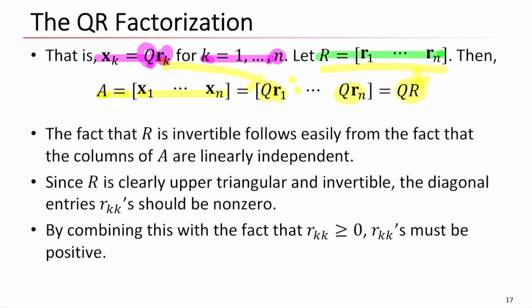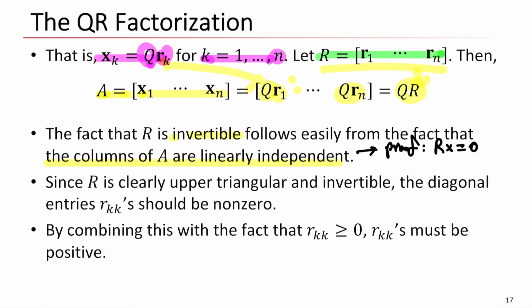The fact that R is invertible follows easily from the fact that the columns of the matrix A are linearly independent. To prove this we need some knowledge, but I can just show you a very intuitive proof. Let's say there is a vector x that satisfies Rx is equal to 0.